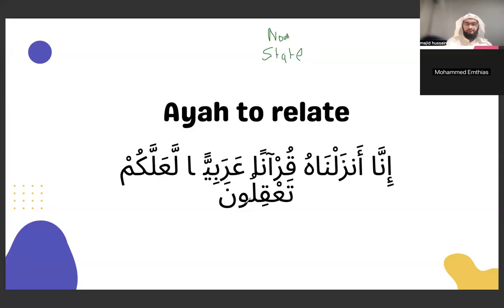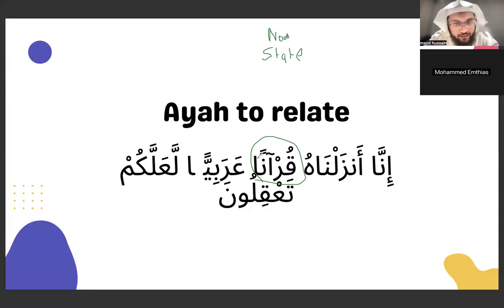So the noun is the Quran. The word Quran. As you mentioned, this is in the state of noun. What makes you say this is the noun? So we are talking about what it's being said about the Quran. No, from the word itself.